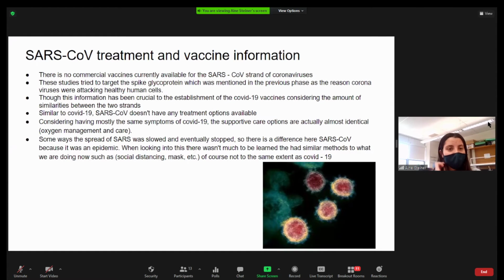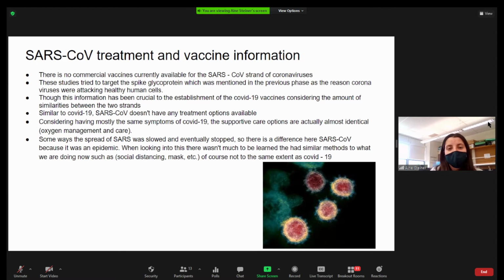So for treatment and vaccine information on SARS-CoV, there are no commercial vaccines currently available for the SARS-CoV strain of coronaviruses. These studies tried to target the spike glycoprotein, which was mentioned in the previous slide, and it's the reason coronaviruses attack human cells.